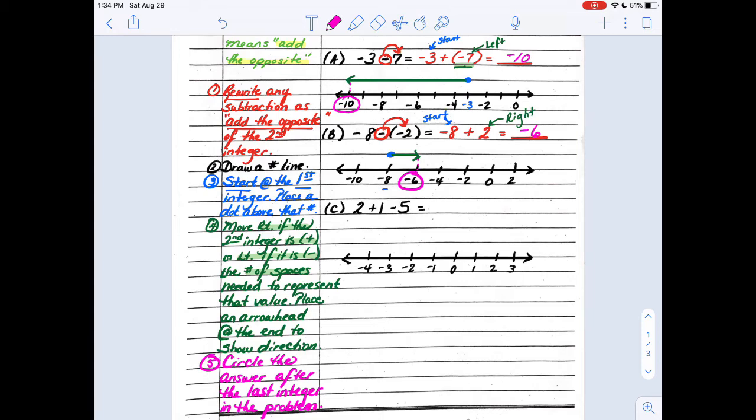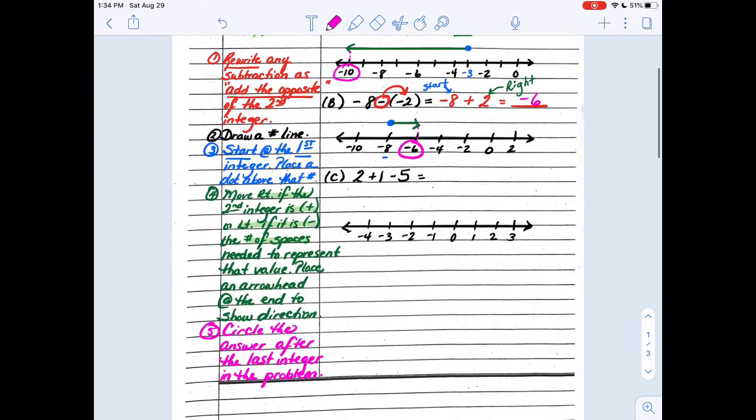Now what happens if we look at C? Notice I have more than just 2 integers. That's not going to stop me. It's going to do the exact same thing whether I have 2, 3, 5, or 10. Still, whenever I see subtracting, which I do, I know subtracting really means to add, so I'm going to change that to add the opposite of the number over to the right.